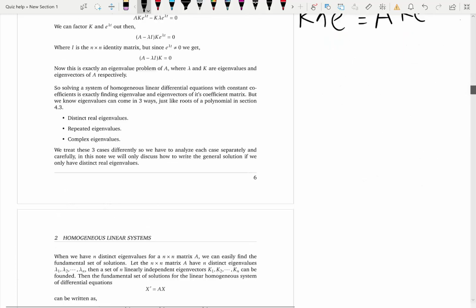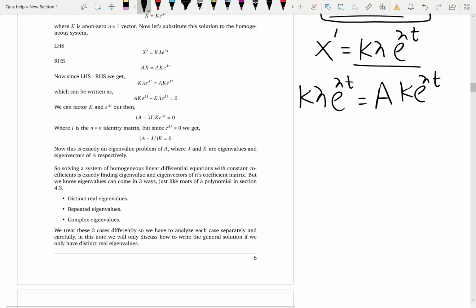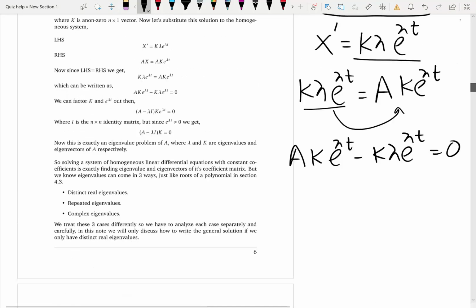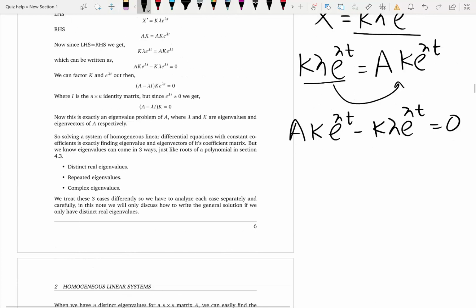Okay, now we can do a little bit of an algebraic trick. Let's take this term to the other side. So A K e to the lambda t minus K lambda e to the lambda t is equal to 0, because you moved everything to one side. Anyway, let's look at these two terms.